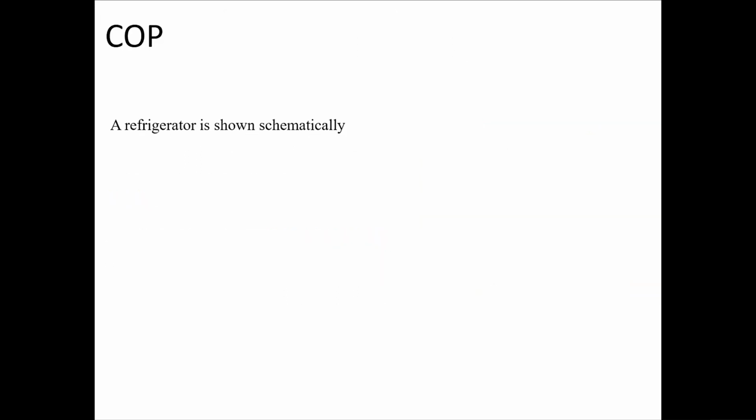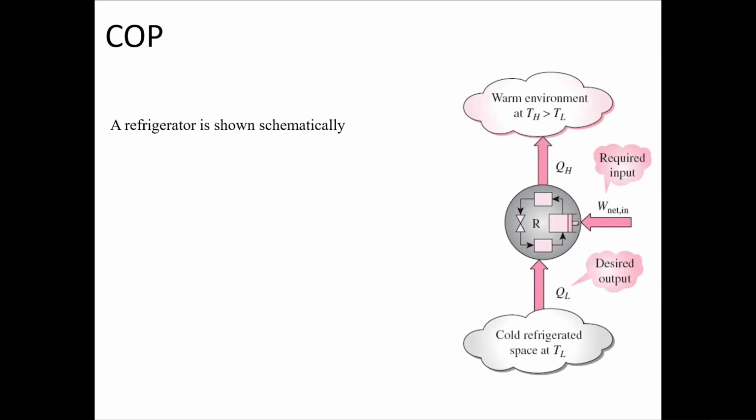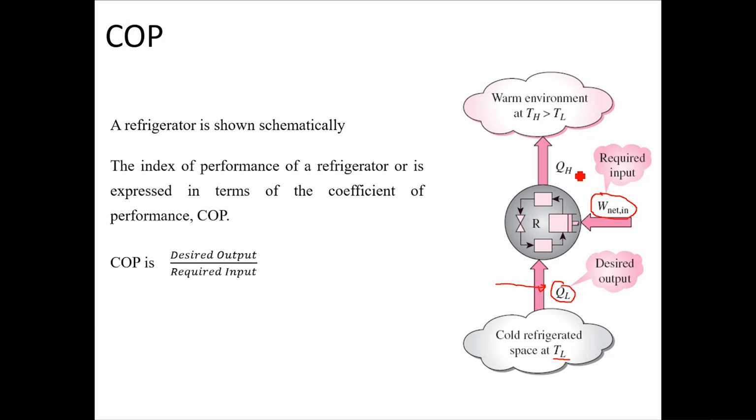In refrigerators, you remember the coefficient of performance: your desired output is essentially QL, which is the heat taken out of a cold refrigerated space, or the heat taken out of a low temperature reservoir. In order to achieve this task, we need to have a net work input into the system in order to run the compressor.